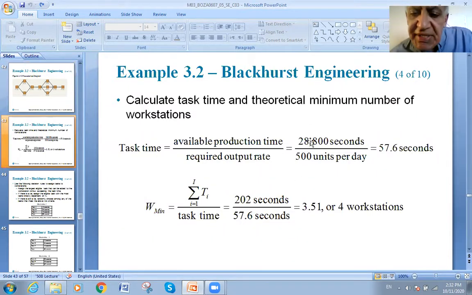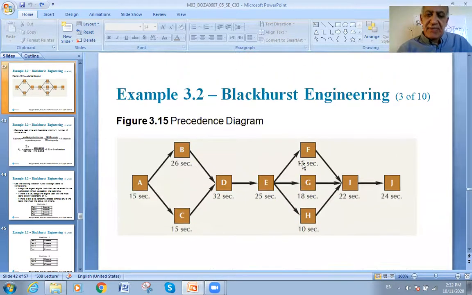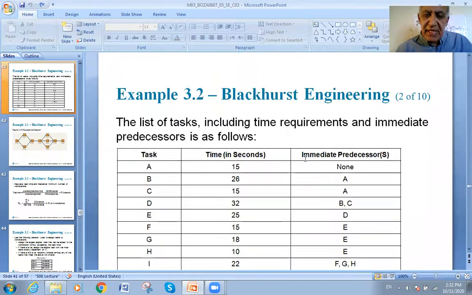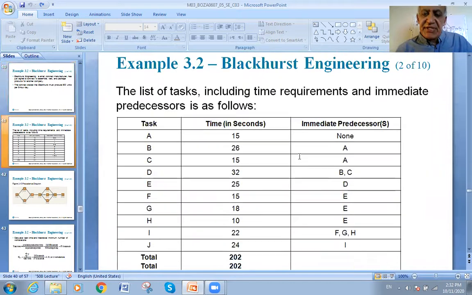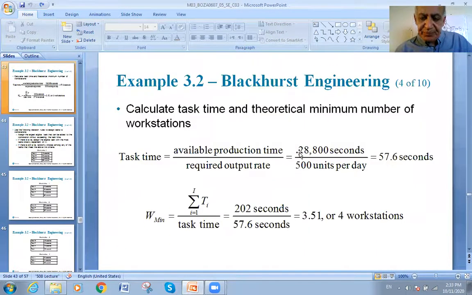So it's 28,800 seconds divided by 500 units for 8 hours of working. You will find it in the example. Then the task time, when you divide, will be 57.6 seconds.